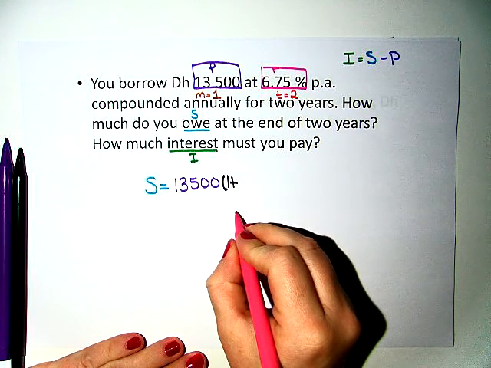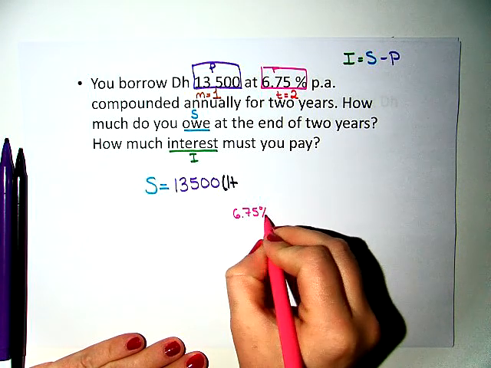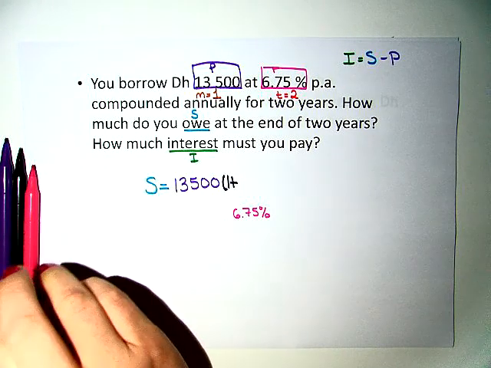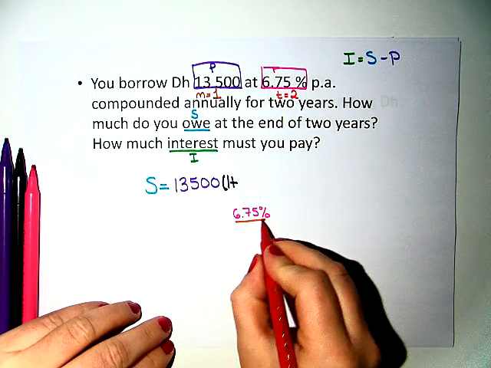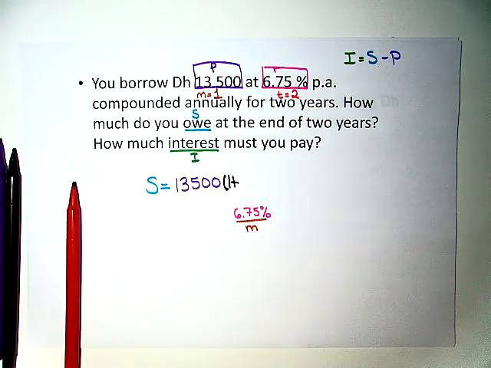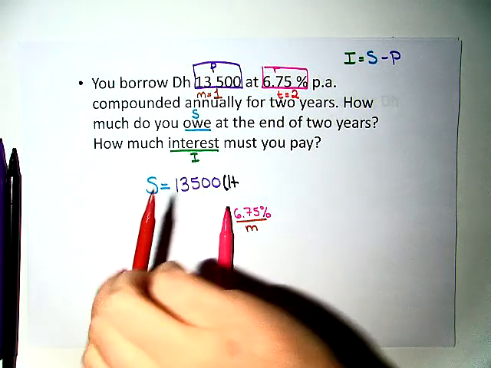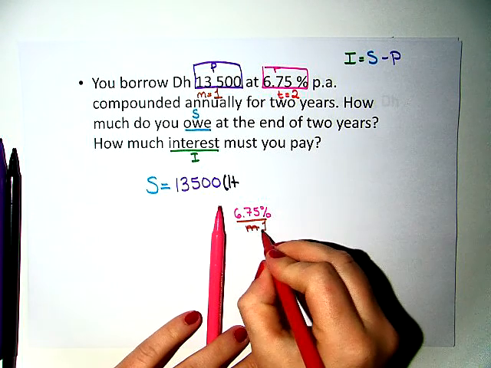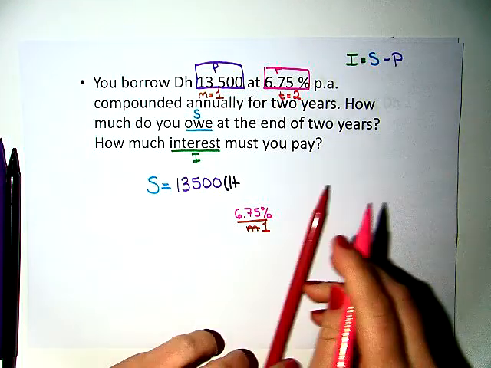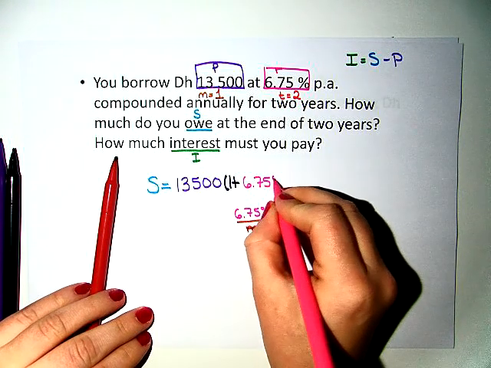Our percentage rate, which is 6.75%, and we're going to divide it by M. Okay, well 6.75% divided by M, well, that was easy. M is 1. Well, 6.75% divided by 1 is still 6.75%.